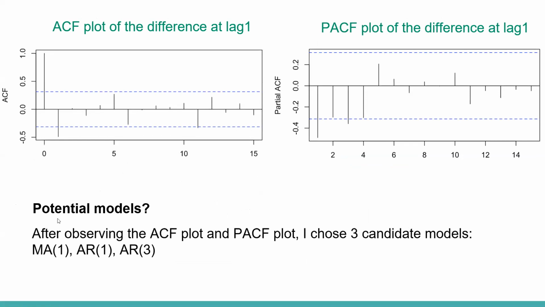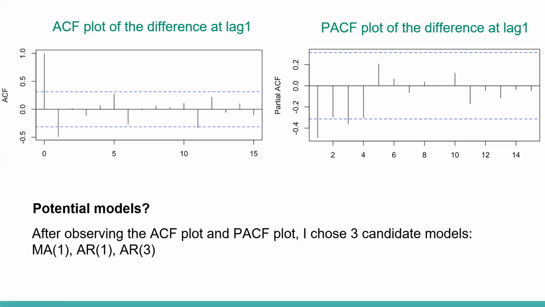When you take a look at what I have right here, you can really tell whether the appropriate model is going to be the moving average model or the autoregressive model. So now after observing the ACF plot and the PACF plot, I choose three candidate models.